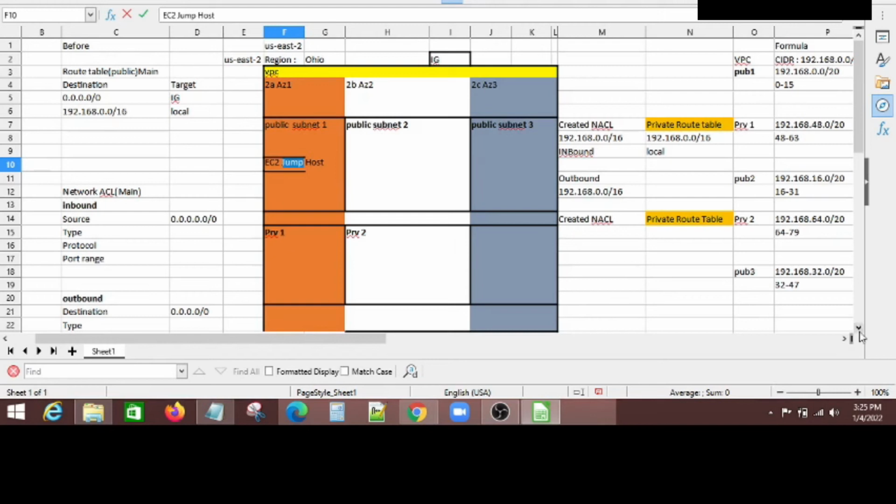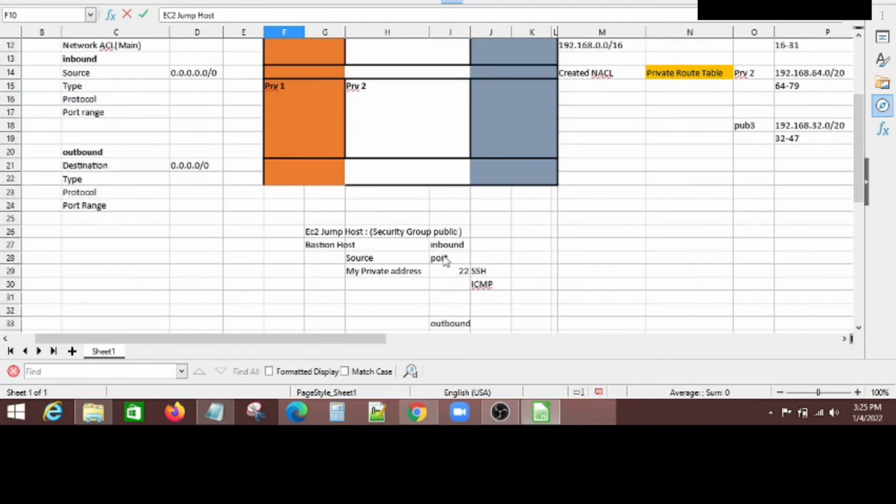We can call the jump host a Bastion Host too, the same thing. For the source, I said allow from my private address, meaning my PC, my network, allow from that source, port 22 and SSH, and also allow ICMP, which means I can ping and see before connecting to SSH.